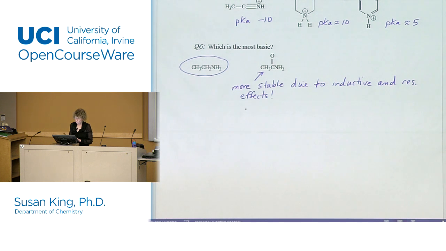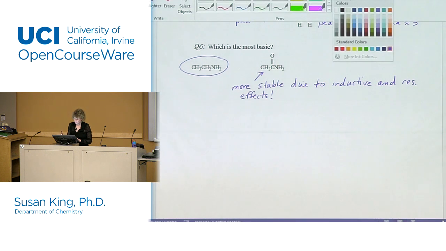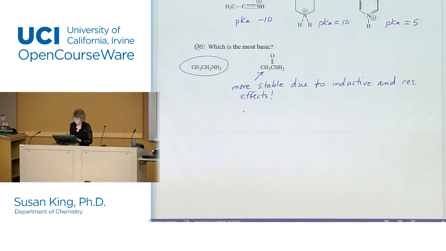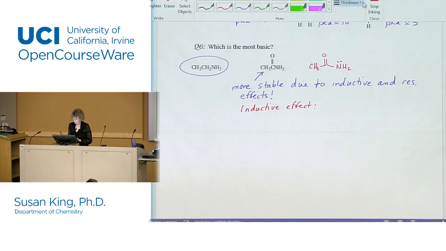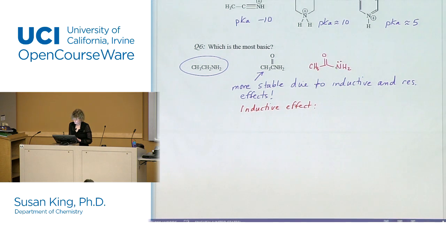Let's look at the inductive effect first. So what do we know about a carbonyl? Is that an electron withdrawing group or electron donating group? From chapter 18, we know that that's an electron withdrawing group. So inductively it is pulling electron density away, making nitrogen less electron rich, right?